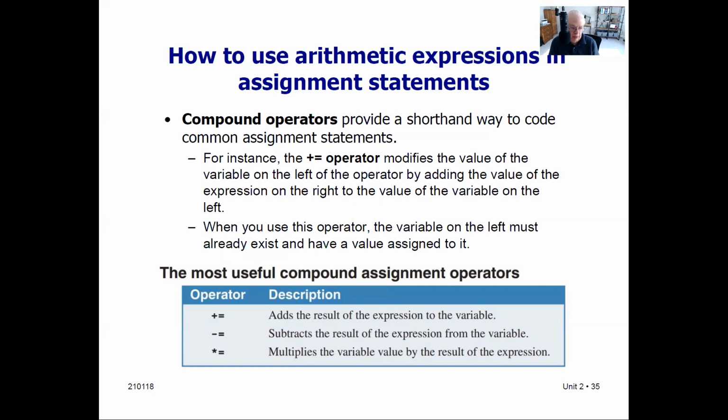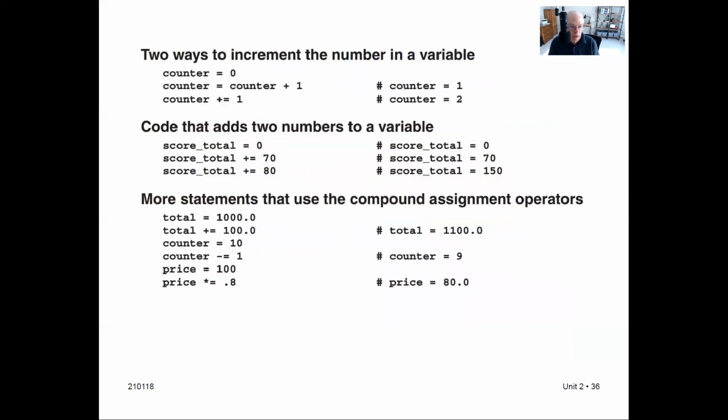So there's 3 of these compound operators, and the subtraction one, minus equals, does exactly what you would think. It subtracts rather than adds the value on the right from the value on the left, and multiply, as you would expect, will multiply the value on the left by whatever's on the right. And we'll see examples as we go along.